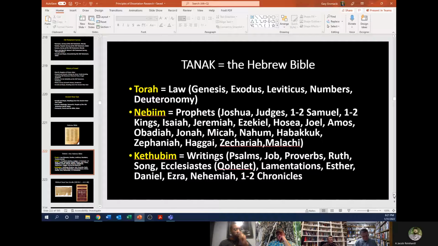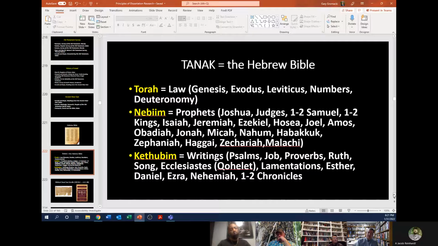So sometimes the Old Testament is referred to as the law and the prophets. And then when he meets with the disciples in the upper room, he said to them, "These are the words which I spoke to you while I was with you, that all things need to be fulfilled, which were written in the law of Moses, and the prophets, and the Psalms concerning me."